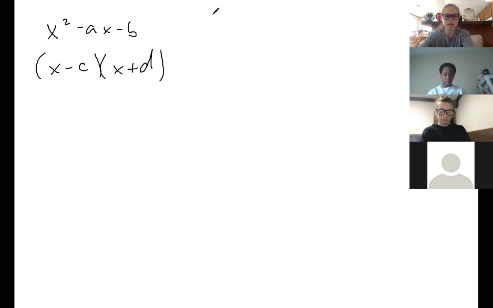I think this one's going to be a bonus. That factors as x minus c times x plus d. How would x squared plus ax minus b factor?